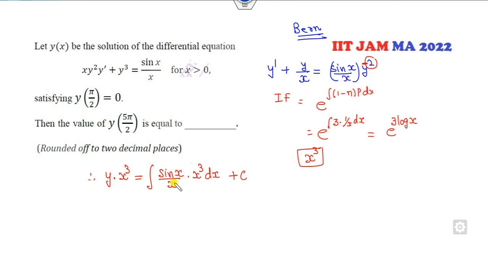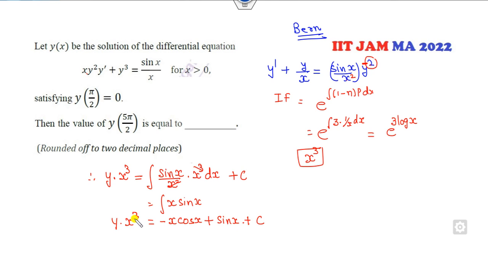Fine. Now what is that? Sorry, this is x into x square. So x square, so it is x only. What is the integration of x sin x? That's again simple. So that is minus x cos x plus sin x.